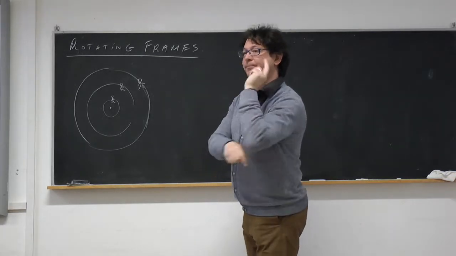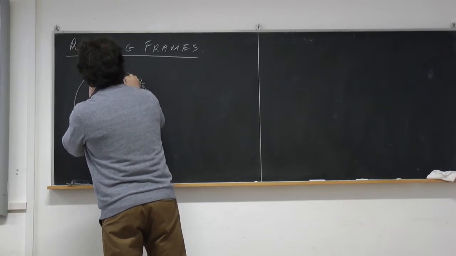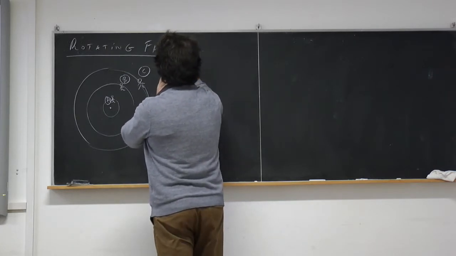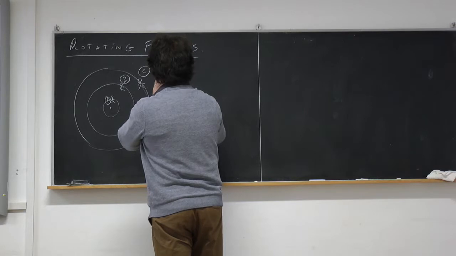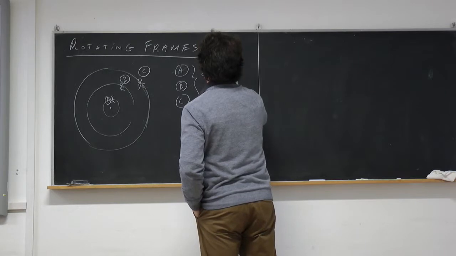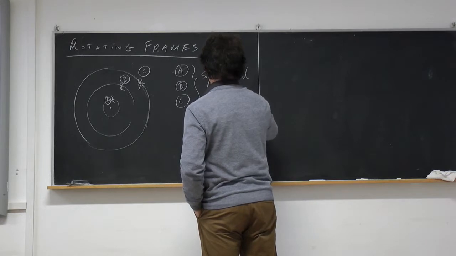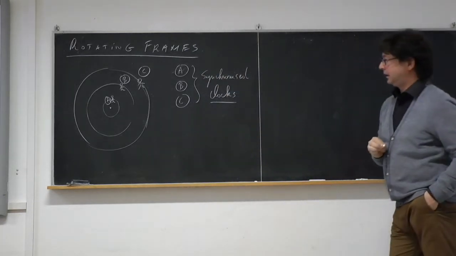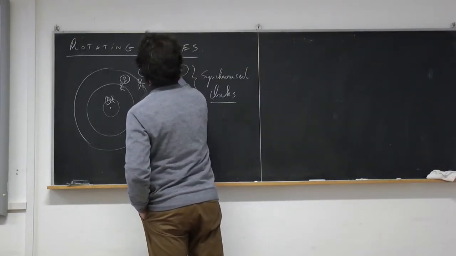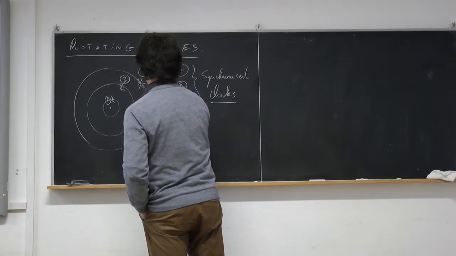So clocks A, B, and C are synchronized. What does it mean? It means that at a given instant of time, this clock gives you 3 o'clock, this 3 o'clock, this 3 o'clock.